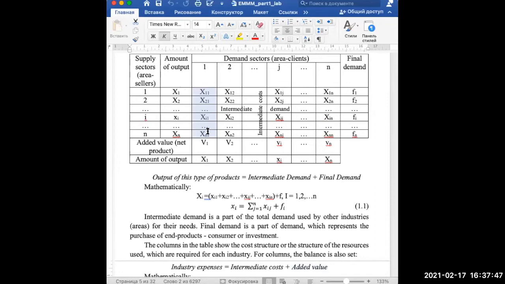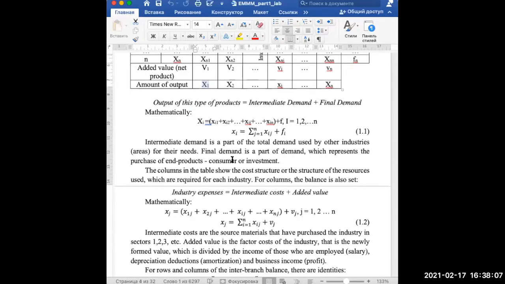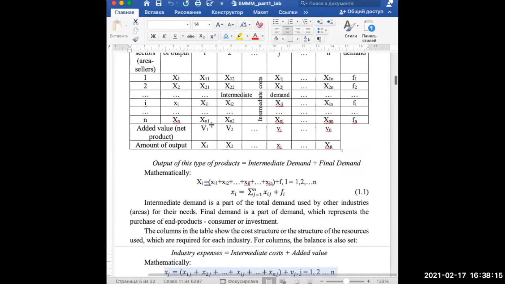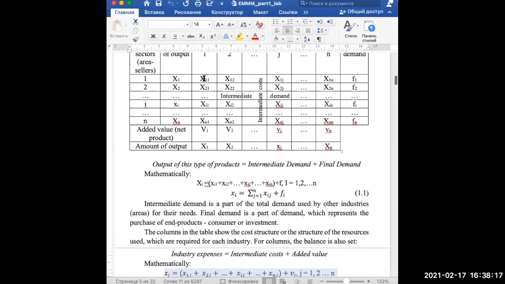It is our intermediate cost, and plus added value or net product, we will have our outputs from the cost point of view.